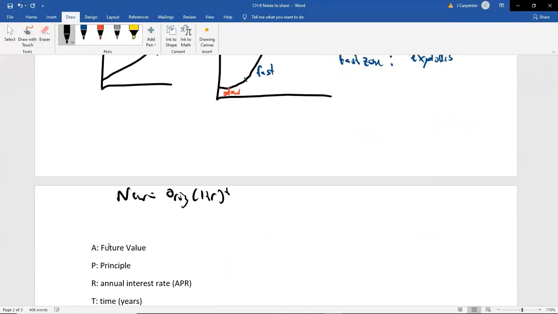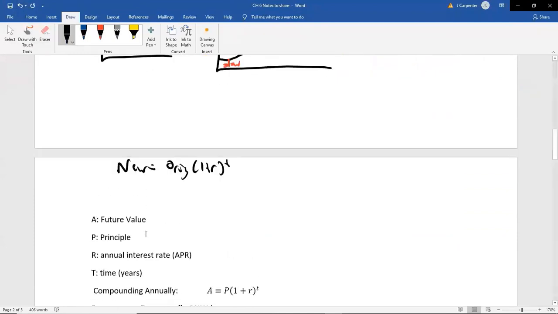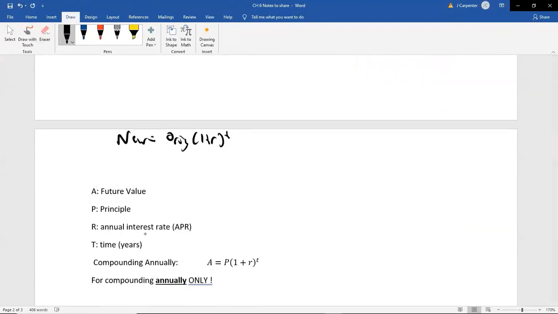Please note, these are not the only letters you'll see in this course. So A, the future value, that's what we call the new. P, the principal, that's what we call the original. R, the annual interest rate, there's no surprise there. T, the time in years, there's no surprise there.